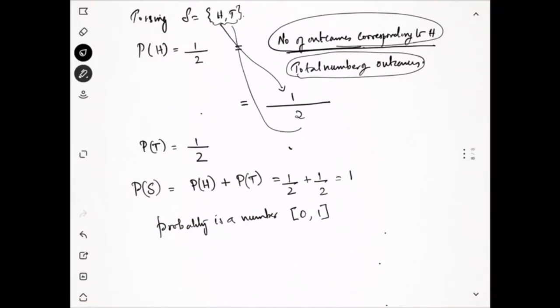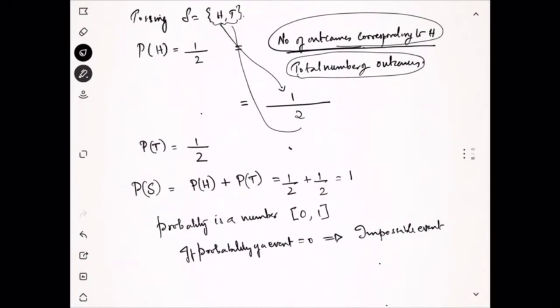Now if the probability of an event is equal to 0, this implies that it is an impossible event.